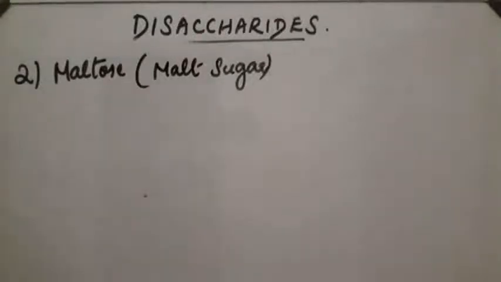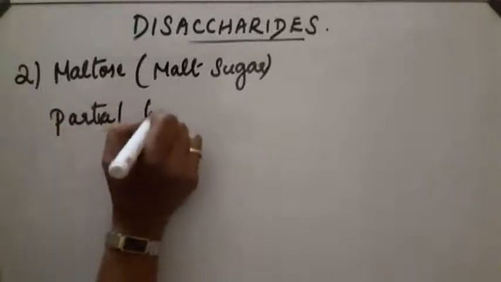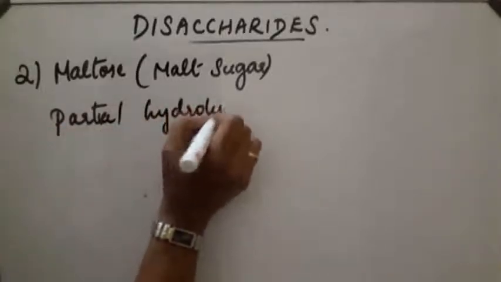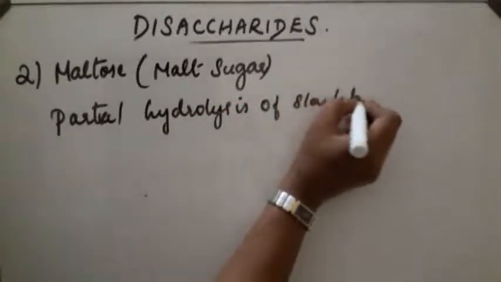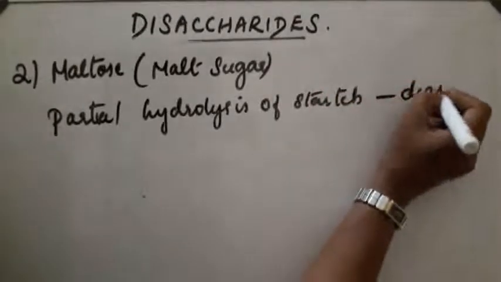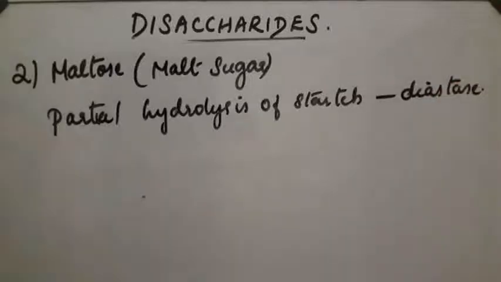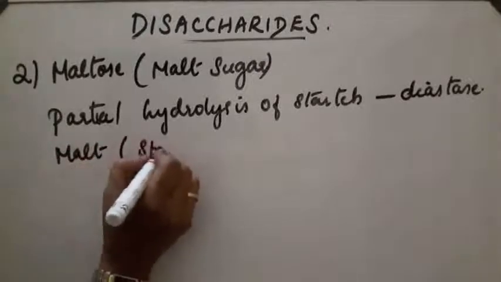It does not occur free in nature, and it is obtained by the partial hydrolysis of starch by an enzyme called diastase. It is present in malt. Malt means sprouted barley seeds.